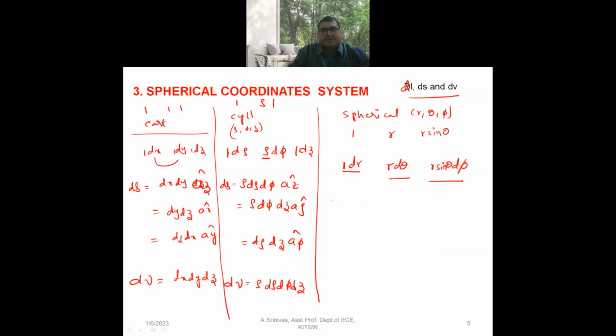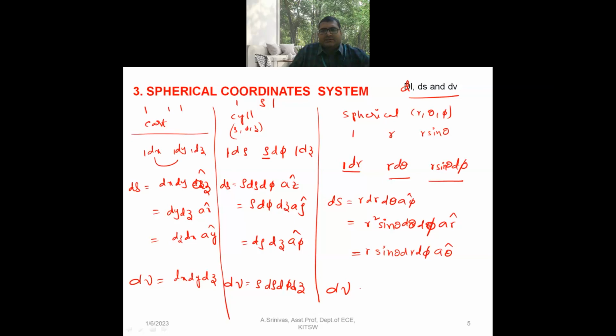Now the differential normal surface, product of two in other direction: r dr d theta along a phi direction, that is 2 3; r square sin theta d theta d phi along ar direction, 2 3 sorry, 1 3; and the next is 1 3, r sin theta dr d phi along a theta direction.